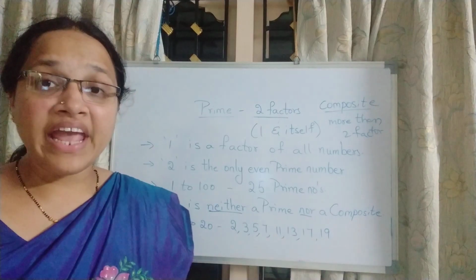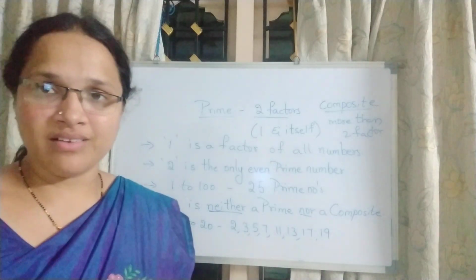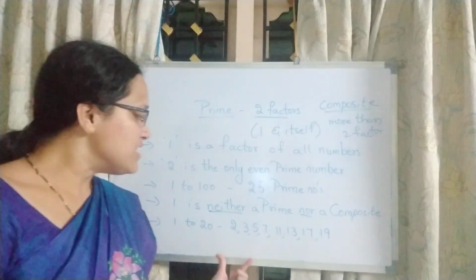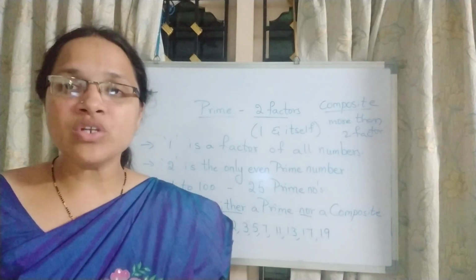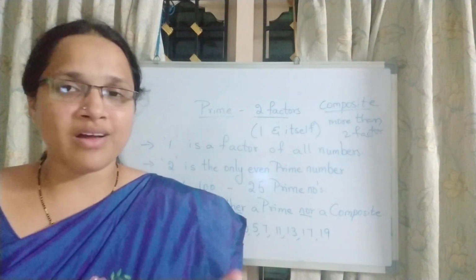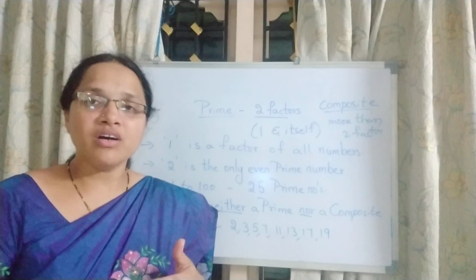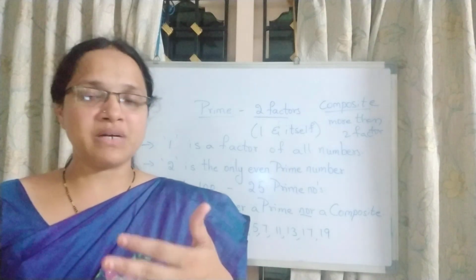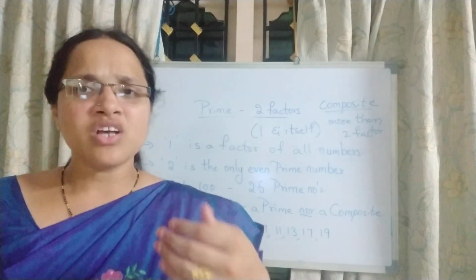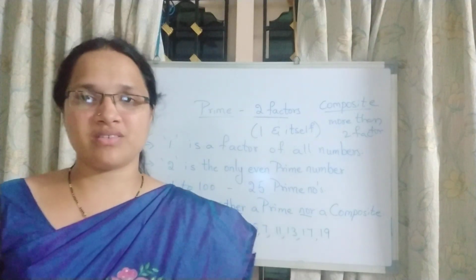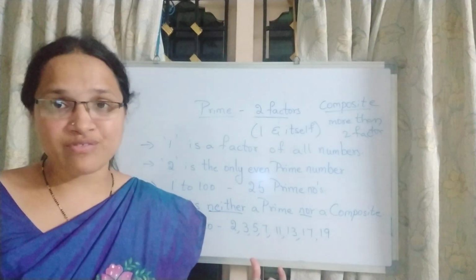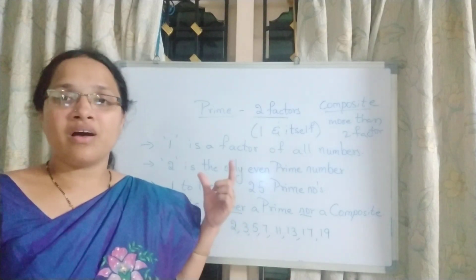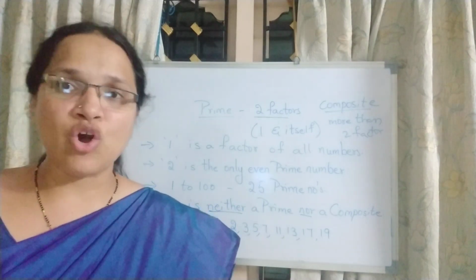See, there are 8 primes from 1 to 20. These are the main things, children, which help us go further into our subject. Why? Because if you don't know these prime numbers, you cannot move into factors, multiples, prime factorization. So you cannot proceed with your next topics.